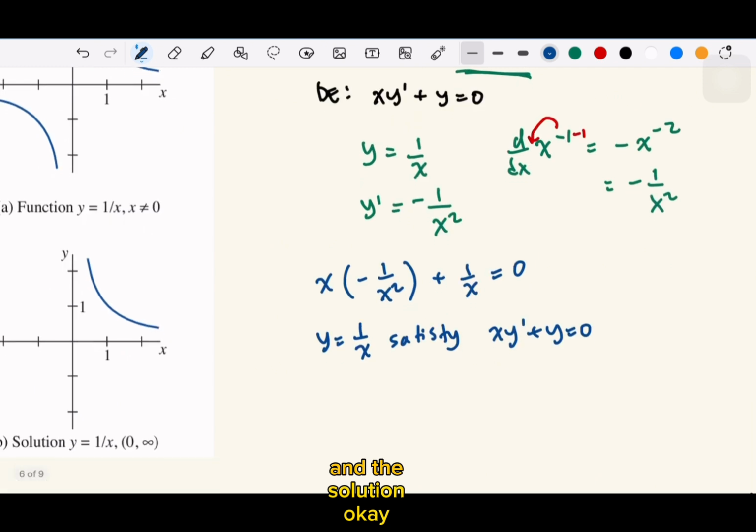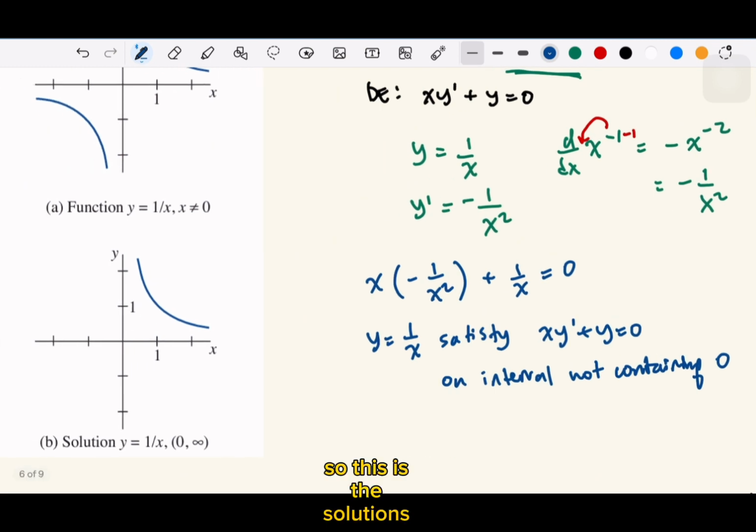And the solution, okay, the whole solution, is on an interval not containing 0. So this is one of the solutions.